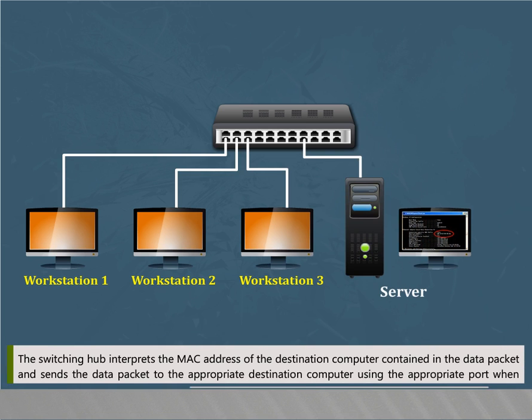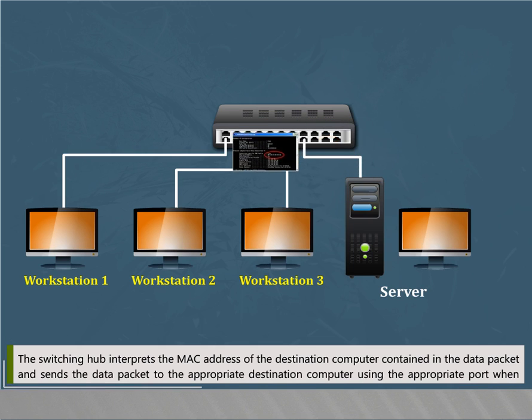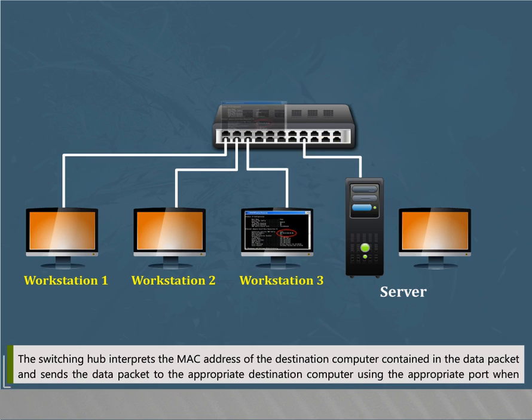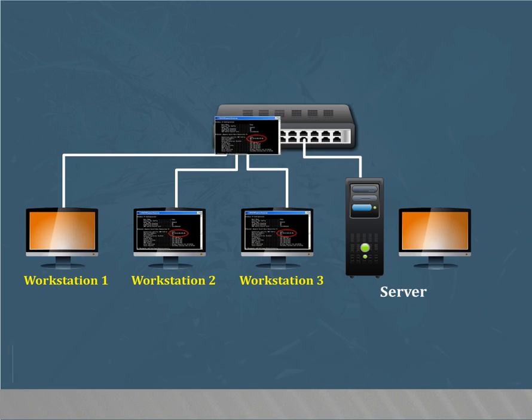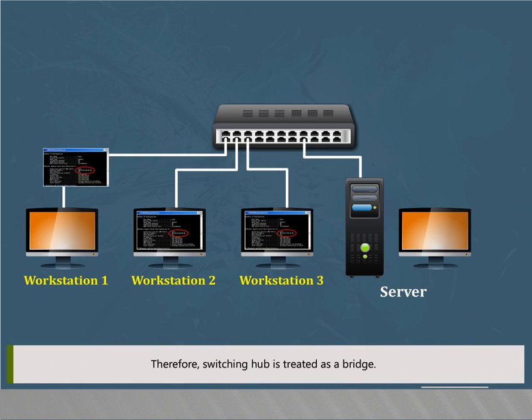The switching hub interprets the MAC address of the destination computer contained in the data packet and sends the data packet to the appropriate destination computer using the appropriate port, whereas a hub uses the technique of a repeater in doing so. Therefore, a switching hub is treated as a bridge.